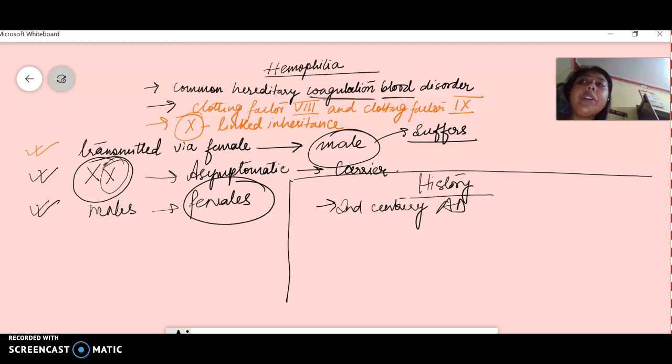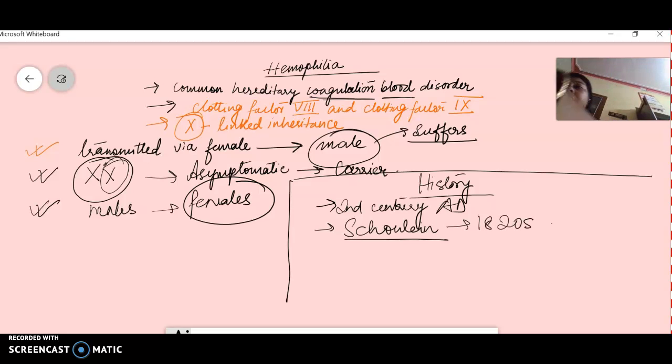And originally, the term hemophilia was coined by Schönlein in the 1820s.